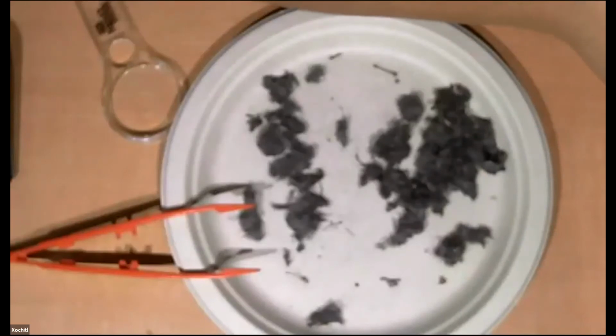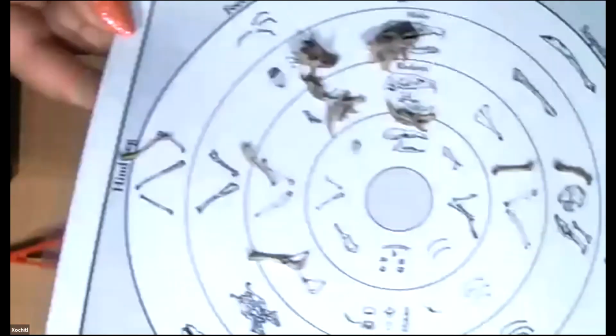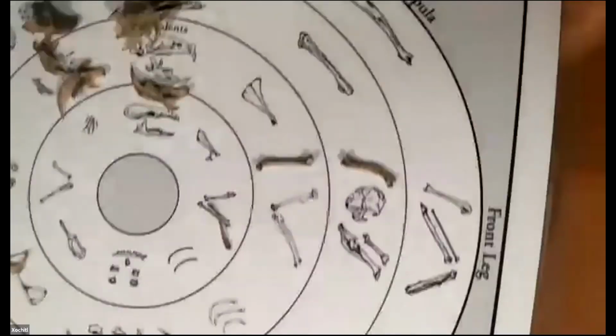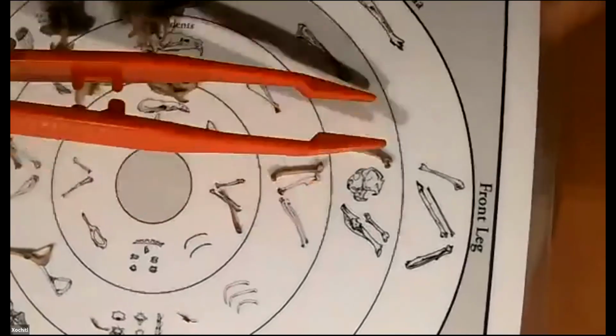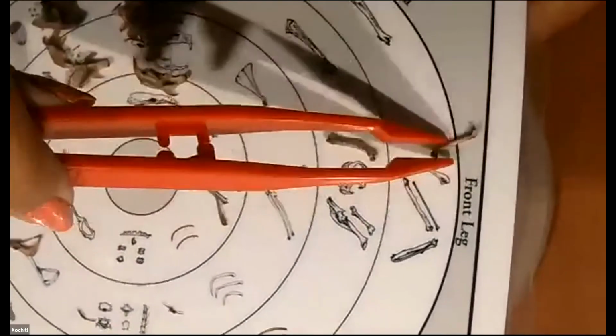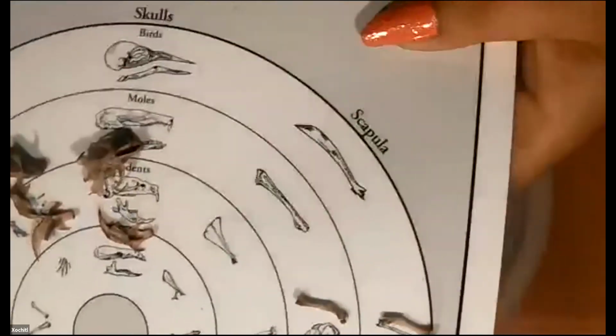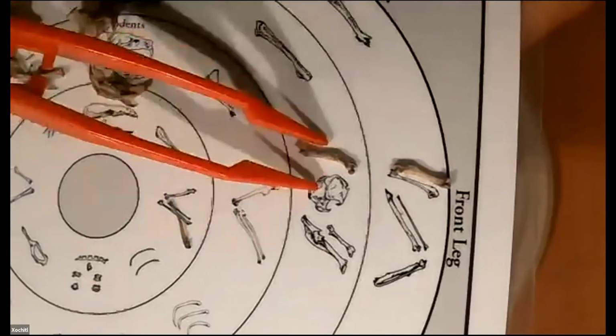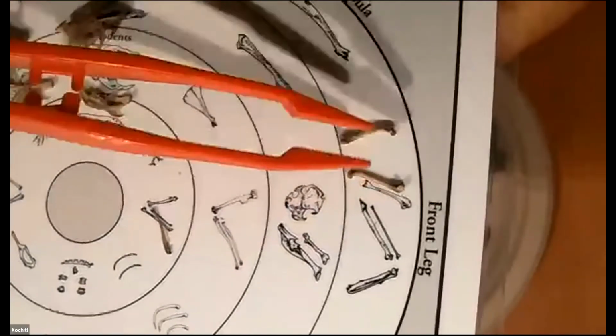Is that a femur? Yeah, it's actually front leg again. So here we have it here. I think this one's more of a rodent one too. Or a bird. So I'll leave that up for y'all to decide.